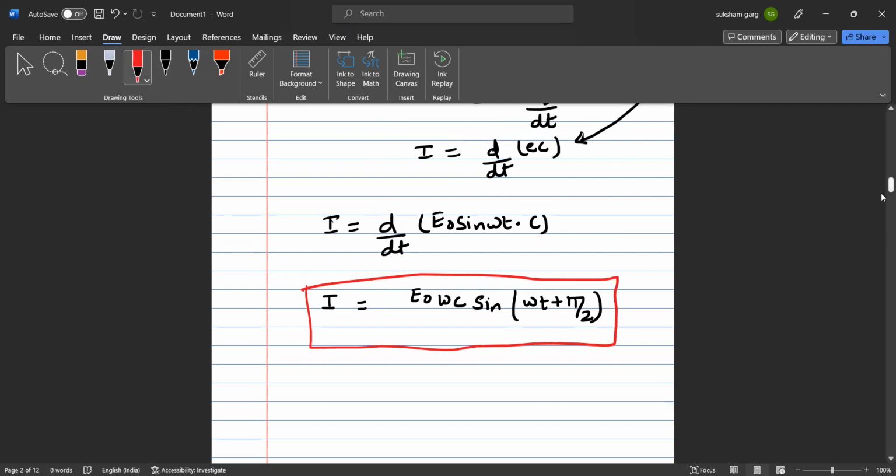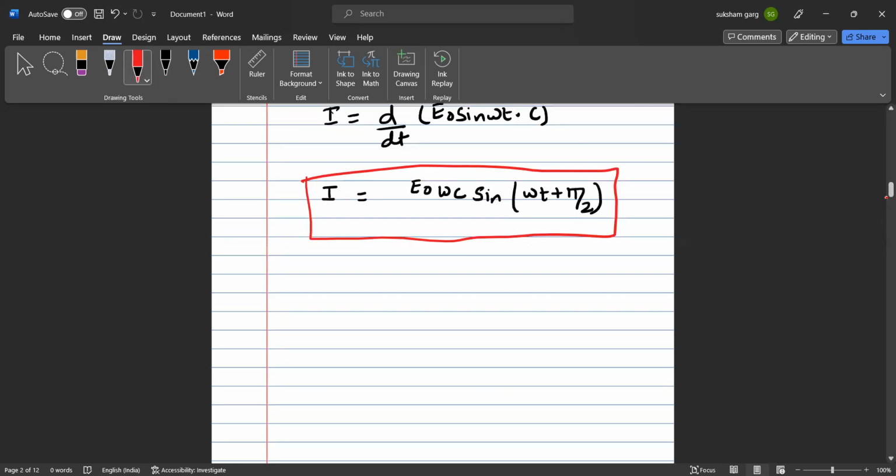Another thing is that I want to find now the value of resistance. Resistance is given as current is equal to EMF divided by resistance, right? Here, the individual factor, nothing is there.